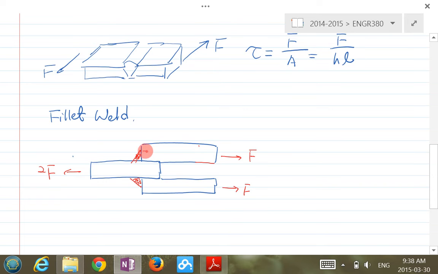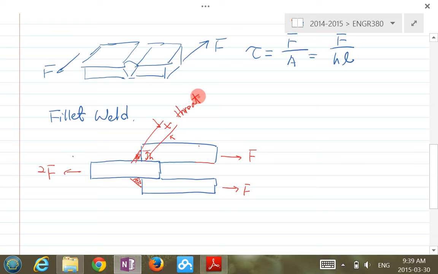Let's see, H is this. So leg size is H. And the throat is basically, as we defined, the vertical distance from here to there. So that's the T, throat.